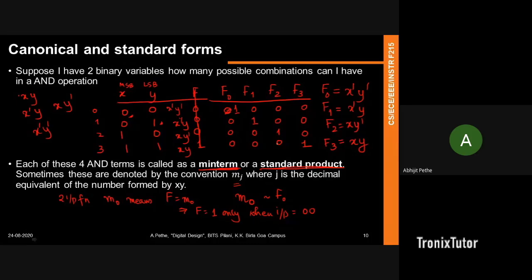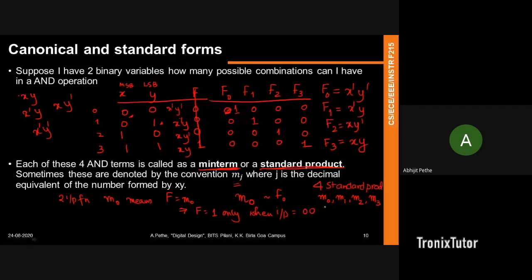So if I have two variables, then I have four standard products, which are m0, m1, m2, and m3, right? So this same f0, f1, f2, f3, I'm just renaming as m0, m1, m2, and m3, right?